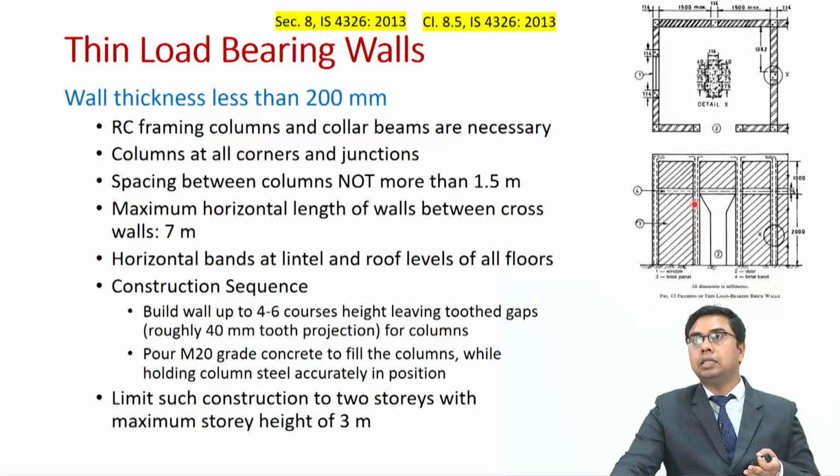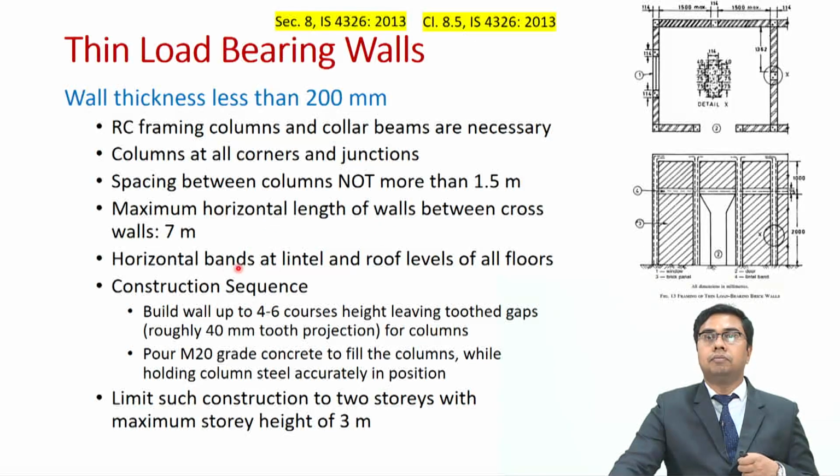We need to provide them at very smaller spacing. These columns have to be spaced at not more than 1.5 meters, and the maximum horizontal length of wall between cross wall can be only up to 7 meters. It cannot be more than that, but if you use a wall which is thicker at least 200 millimeters, then you can have a larger length of the wall as well.